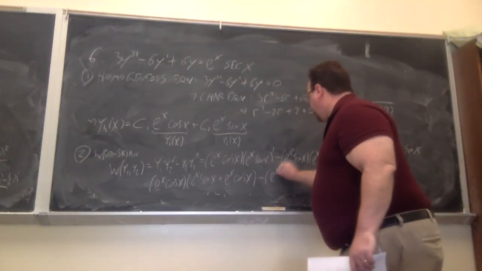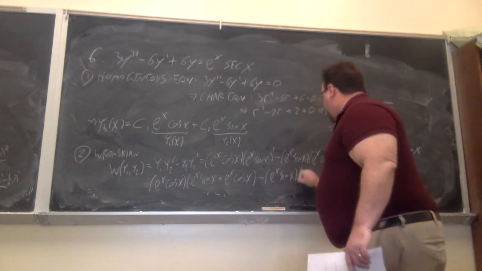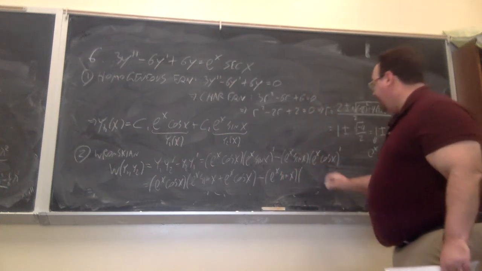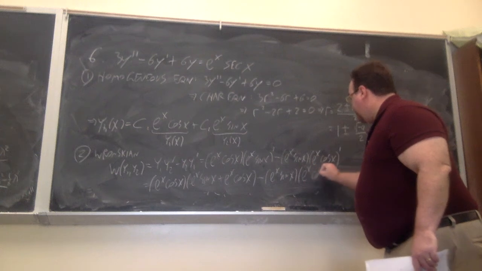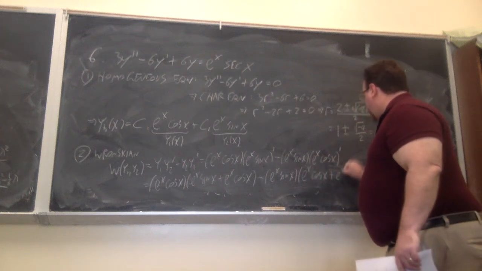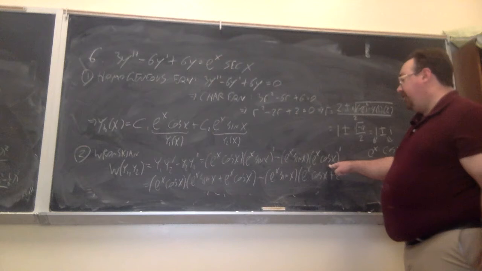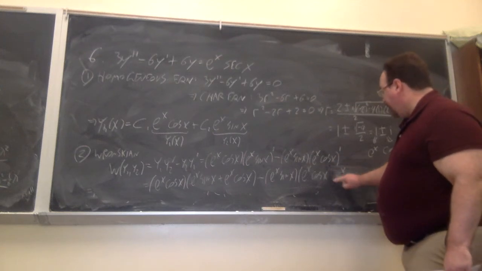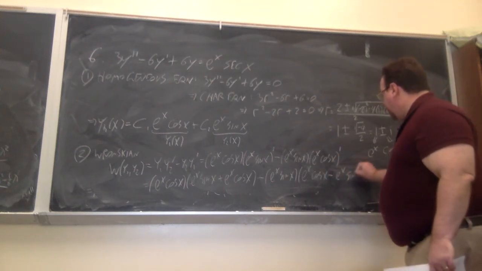Minus e to the x sine x from before, and same idea, product rule. So we have e to the x cosine x plus e to the x times the derivative of cosine, which is minus sine. So that's going to put a minus here.